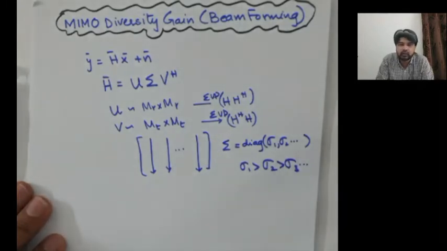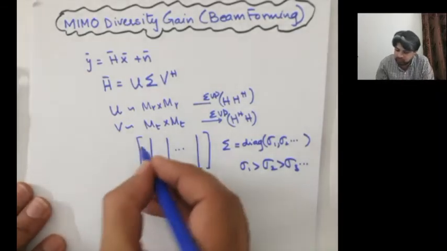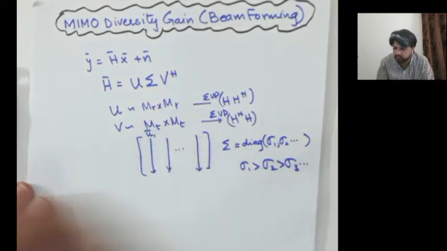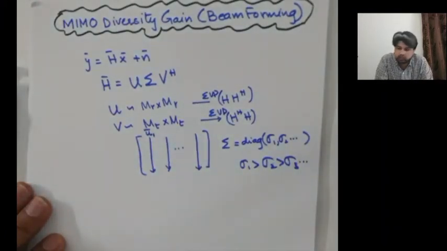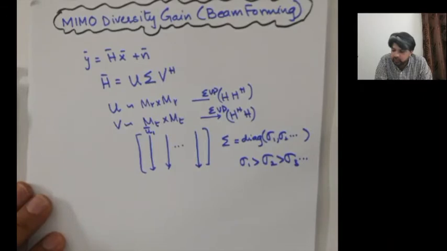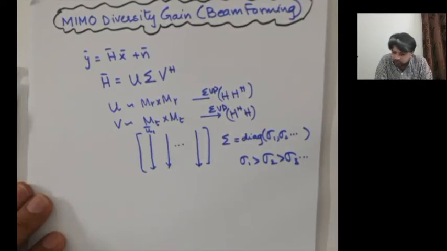So these are arranged in a descending order, and sigma 1 has the highest magnitude. So this first vector, let's call it a u vector or u1 vector, we would make use of u vector or u1 vector interchangeably. So this u1 vector is a vector that is related to the highest singular value.